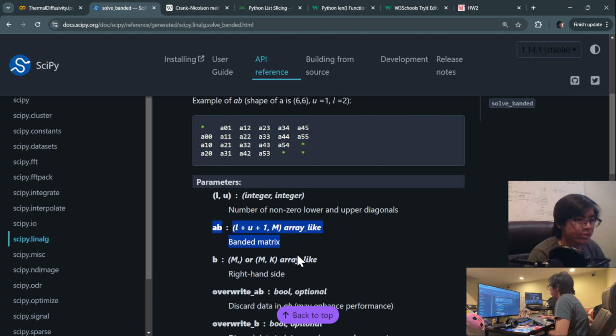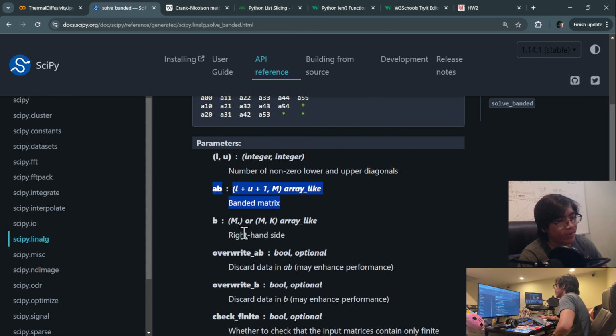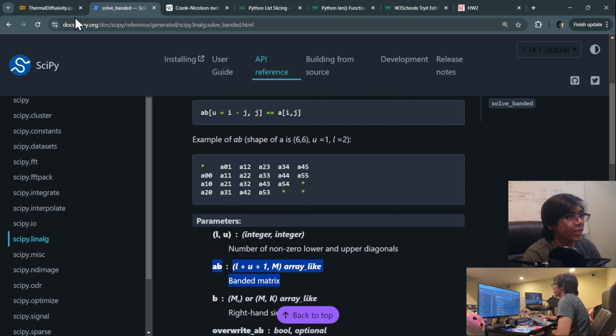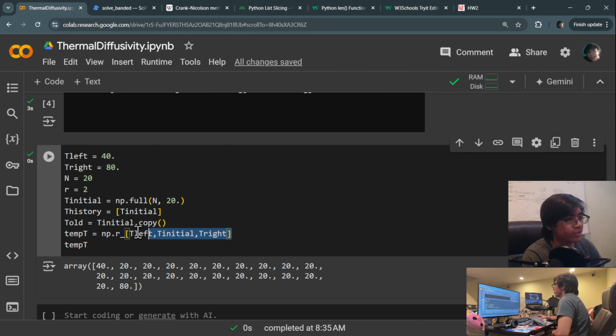AB is our banded matrix, so that's the A diags that I coded out and deleted because I didn't explain it on video. And then B is the right hand side, which I'll also code out, and that will be dependent using this temperature T, where I will be indexing the current temperatures, the temperatures to the right of those temperatures, and the temperatures to the left. And that's what will be used for the right hand side as we store that in our loop.